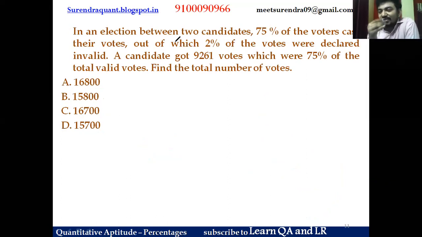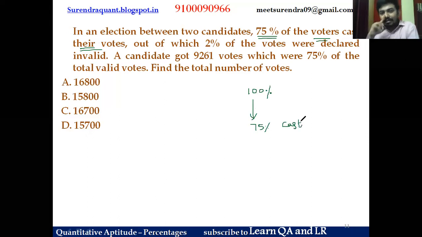So let us try step by step. Let us say the total number of voters are 100%. But from this, what percent cast their vote? Only 75% of the voters cast their votes. But unfortunately, 2% of these votes are declared invalid.